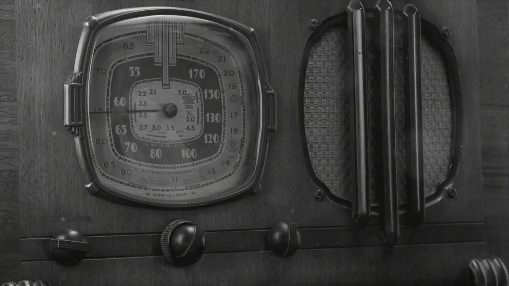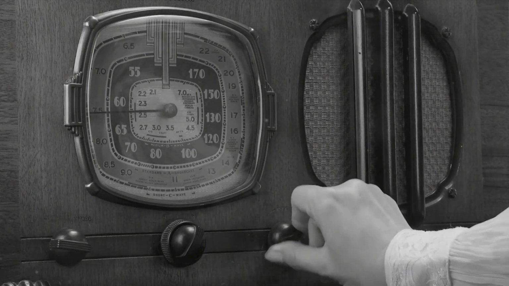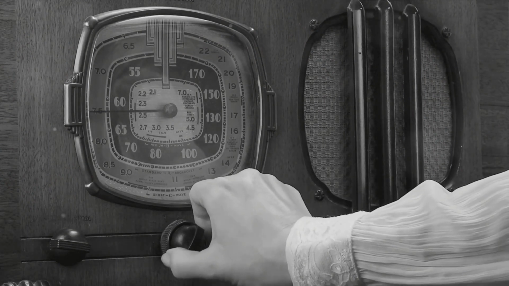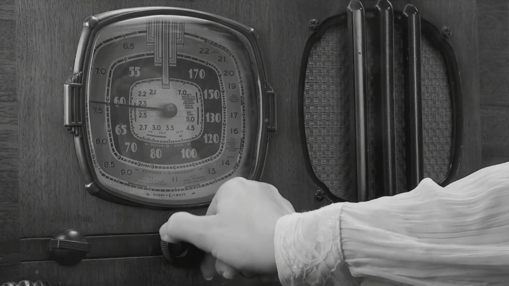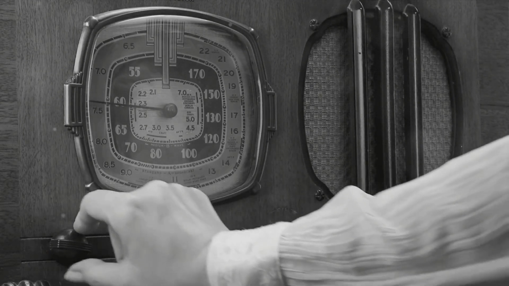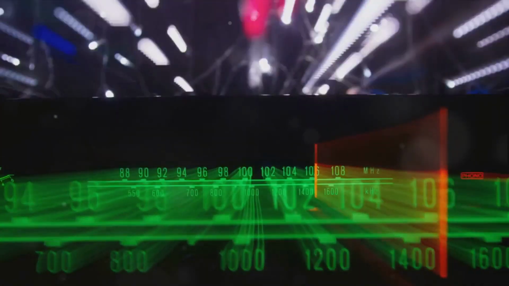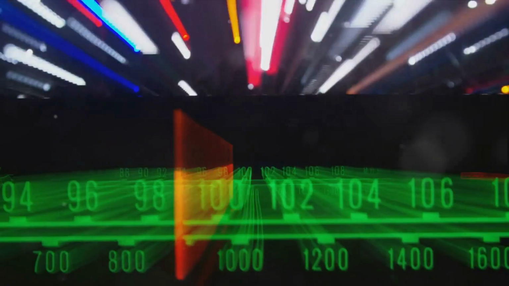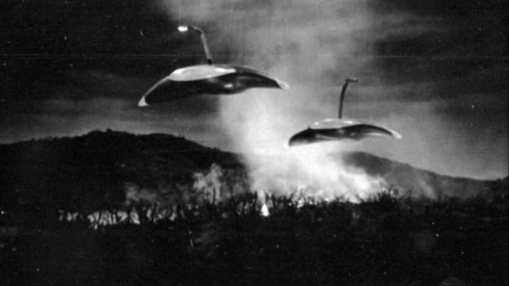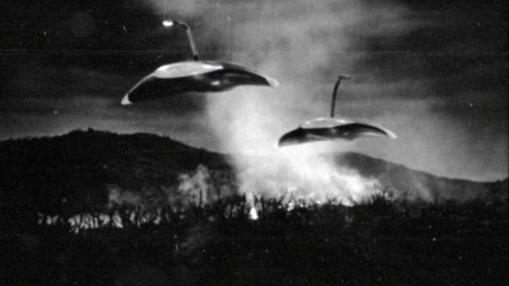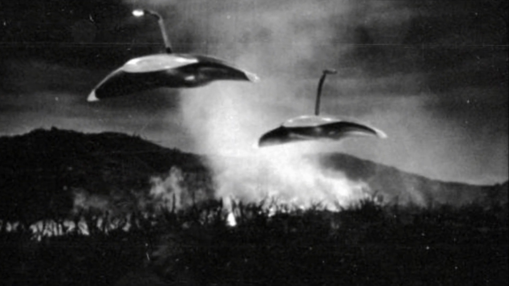The year is 1938, and families across America are huddled around their radios, hearts pounding as they listen to the chilling broadcast of War of the Worlds. The power of shortwave radio to captivate and connect is evident in this moment, as it transported listeners to an alternate reality, creating a shared cultural experience that still resonates today.